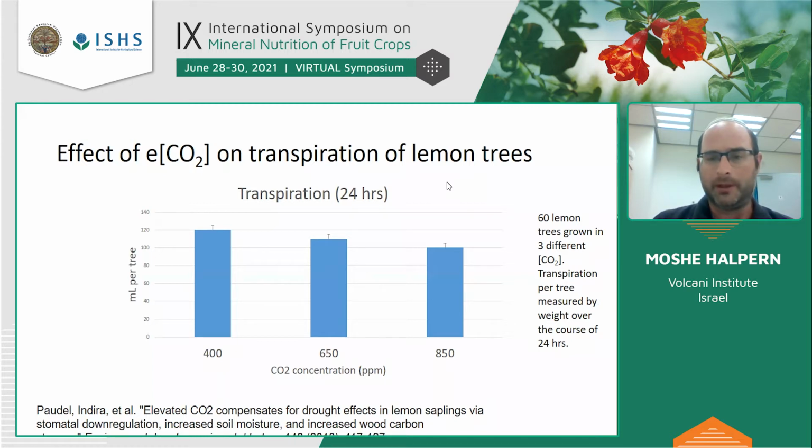In this experiment, we had 60 lemon trees growing in 3 different levels of carbon dioxide. And over the course of 24 hours, we weighed the lemon trees. And we saw that the ones grown in 400 ppm carbon dioxide transpired more than the ones that were grown in 850 ppm, about 20% difference.